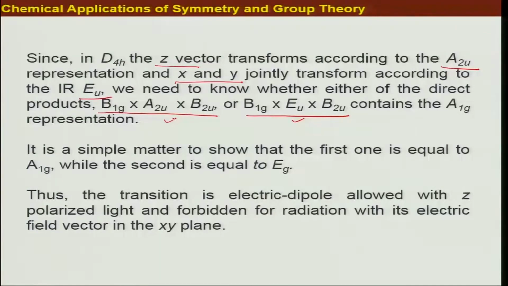Once you solve it, which is very easy, you can figure out that the first one does not give the totally symmetric representation, while the other one gives A1g, the totally symmetric representation. So clearly the integral involving z will survive, while the other one will vanish. That means our HOMO to LUMO transition is allowed overall, but it is allowed in the z direction and forbidden in the xy plane. We also call this transition z polarized.